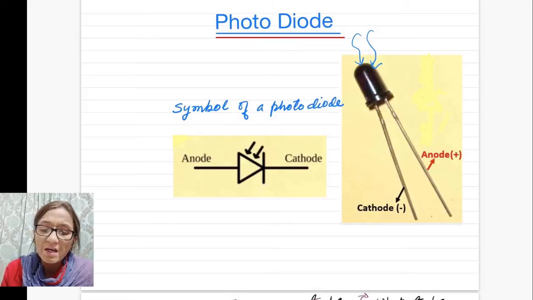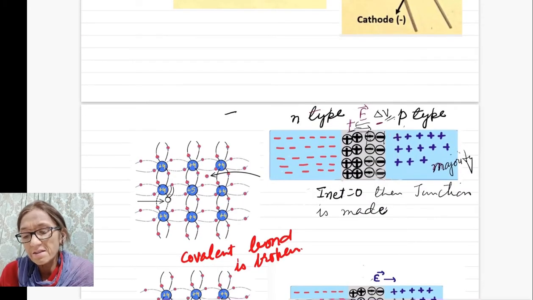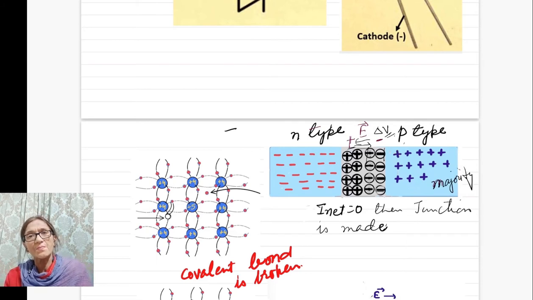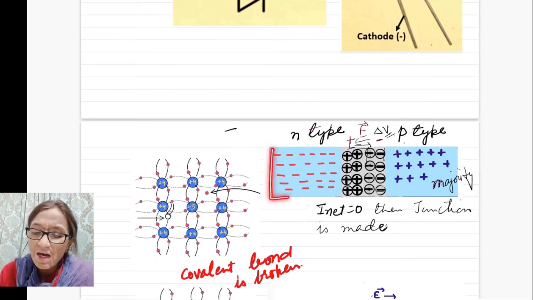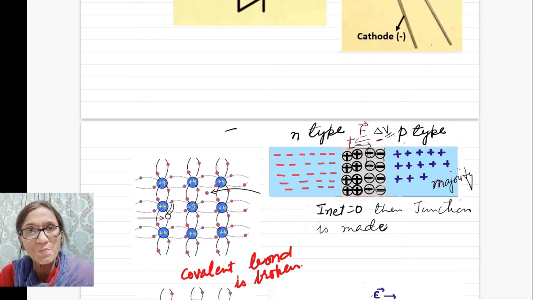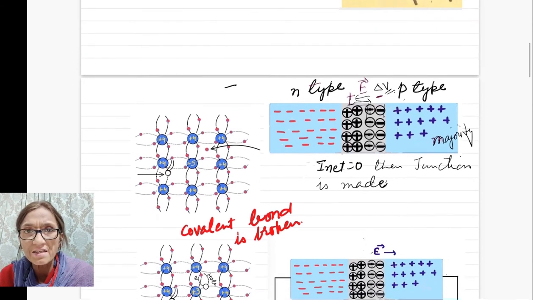Now let us consider what the photodiode is. For that, let us consider the simple PN junction, because the photodiode is made out of a PN junction diode. Here you have a single piece, and on this single piece N type and P type semiconductors are developed on the two sides.